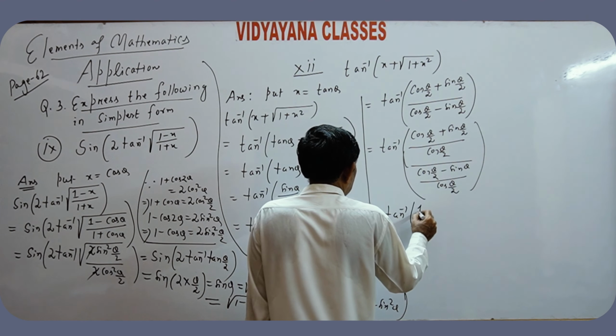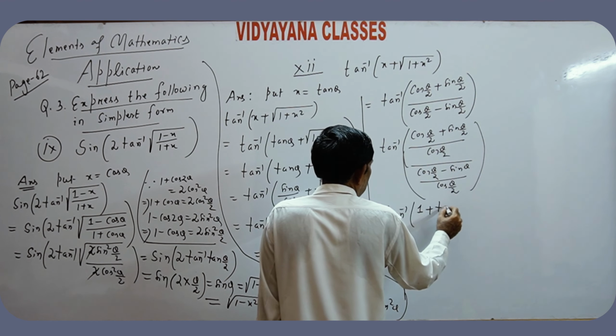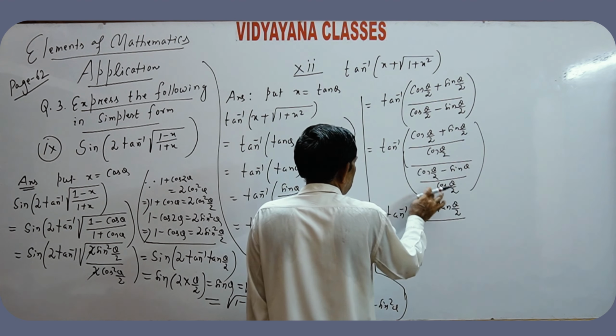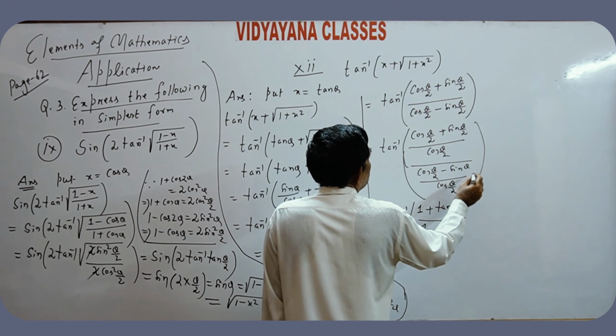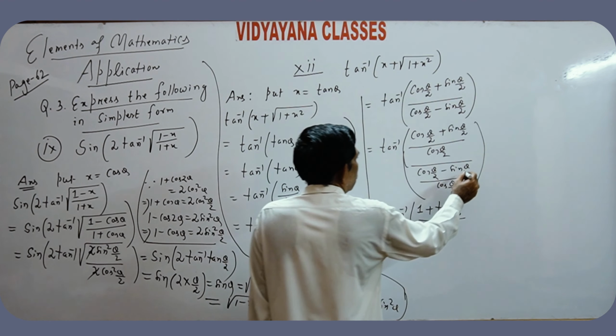Tan inverse of 1, this by this is equal to tan theta by 2, divided by, this by this is equal to 1, and it is sin theta by 2.